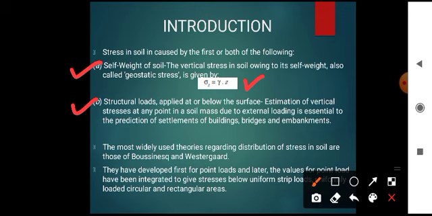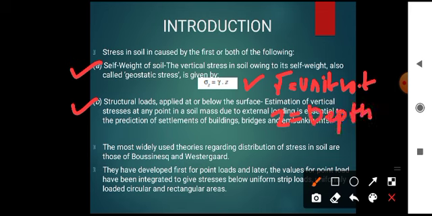Gamma is the unit weight of the soil, and z is the depth at which we are calculating the stress. That is the stress due to the self weight of the soil.